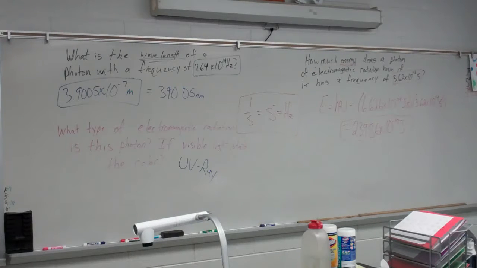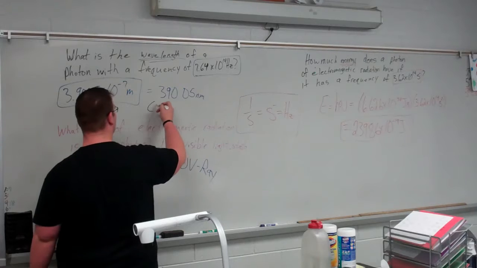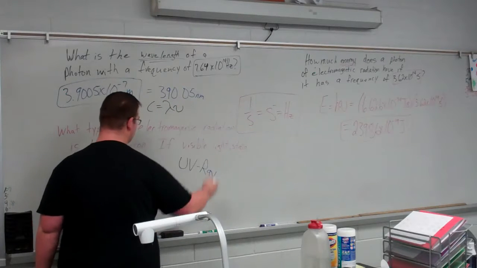So I know how to do the conversion, like we did, but how do you get that number? Okay, this is what you gotta do. You'll get speed of light equals wavelength times frequency.